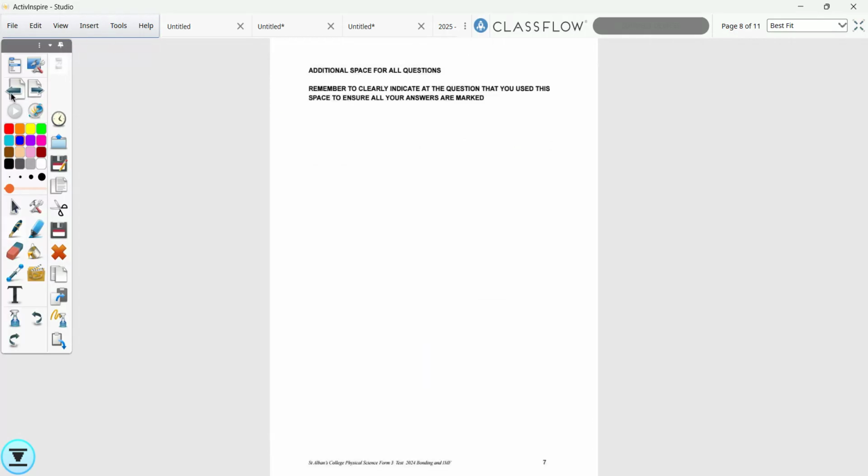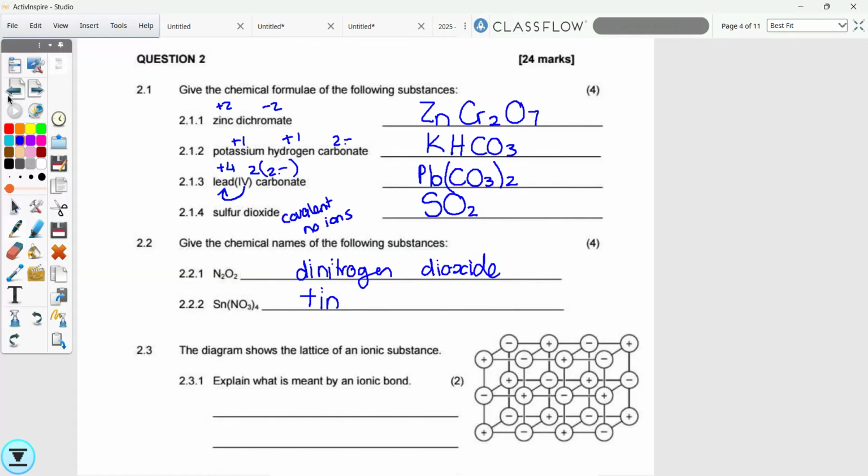If we go back to the question, as soon as you know it's a transition metal, you must realize that it needs a bracket. When you put your finger on it in the periodic table and you see it's transition, it needs a bracket, otherwise you're not going to get that mark. But what is NO3? Nitrate.